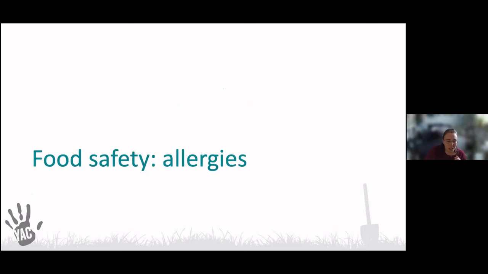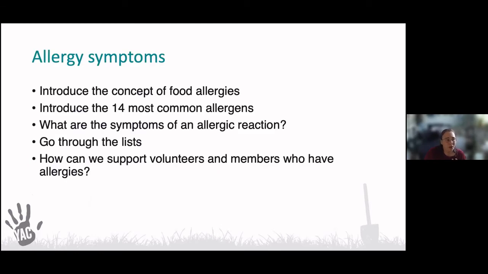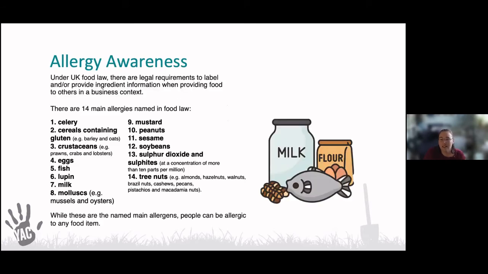Another suggested activity is around allergies. So you can introduce the concept of food allergies, introduce the 14 most common allergies, and this is in the PowerPoint, so you've got the allergy awareness.